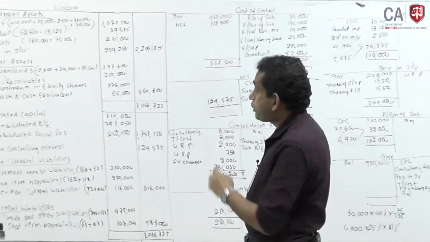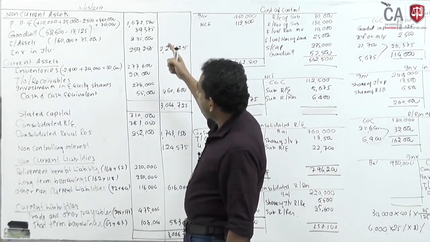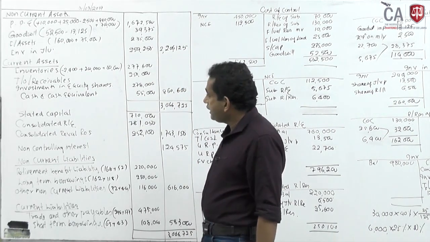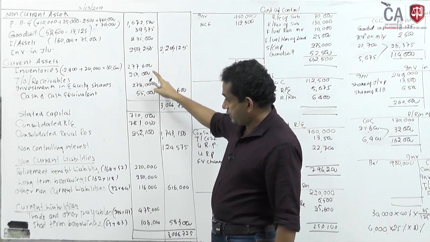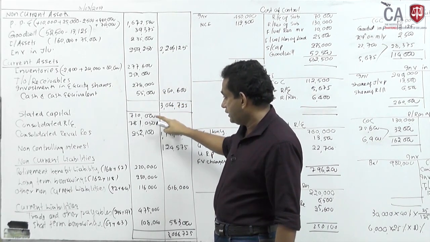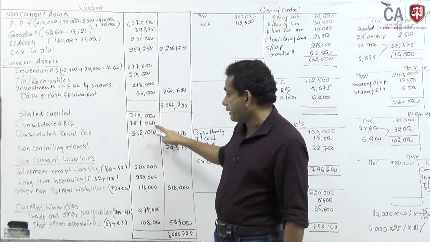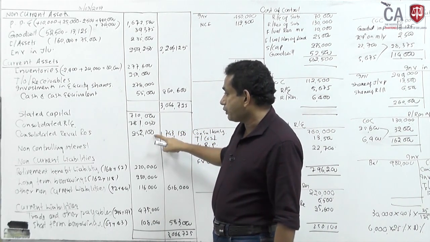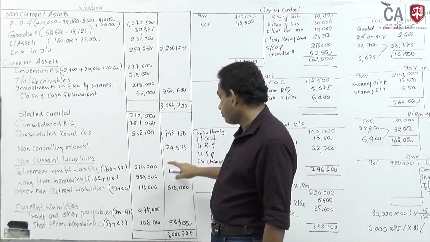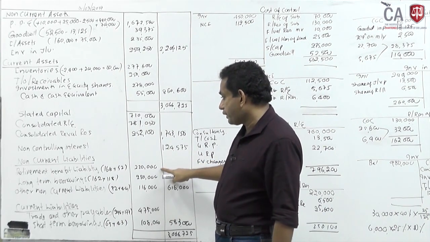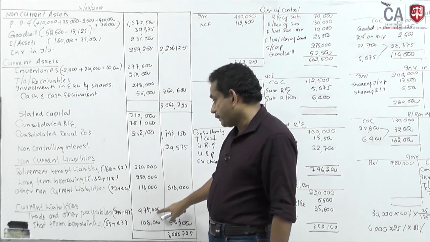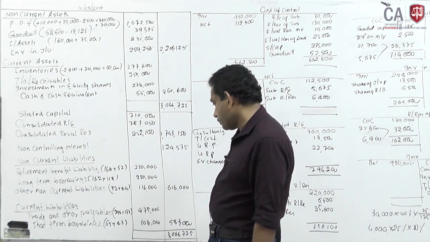So, the balances in the balance sheet: property, plant and equipment 1,672,500, goodwill 39,375, intangible assets 235,000, investments in joint ventures 259,250, inventories 277,600, trade and other receivables 250, investments in equity shares 278, cash and cash equivalent 55, stated capital 710,000, consolidated retained earnings 781,050, consolidated revaluation reserves 252,100, non-controlling interest 124,575, retirement benefit liability 220,000, long-term borrowings 280,000, other non-current liabilities 116, trade and other payables 475, short-term borrowings 108,000.